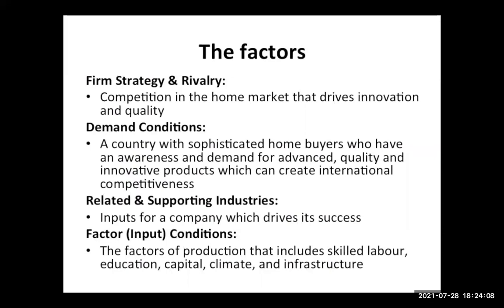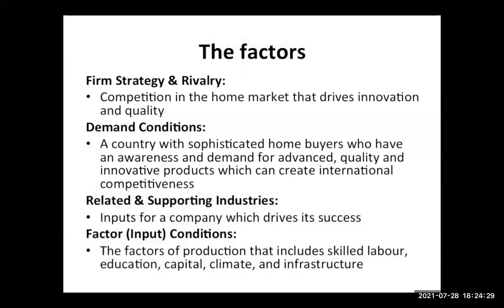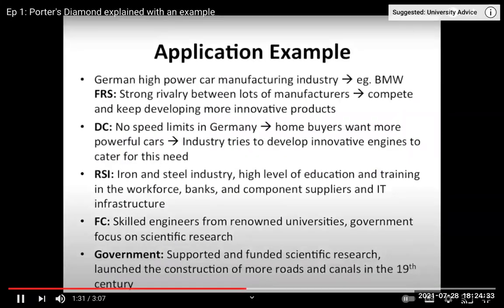Related and supporting industries are the inputs for a company, which drives its success. For example, raw materials from fabric suppliers in Italy helps to drive the success of the fashion Milan industry. And finally, factor input conditions are the factors of production that include things like skilled labor, education, capital, climate, and infrastructure.